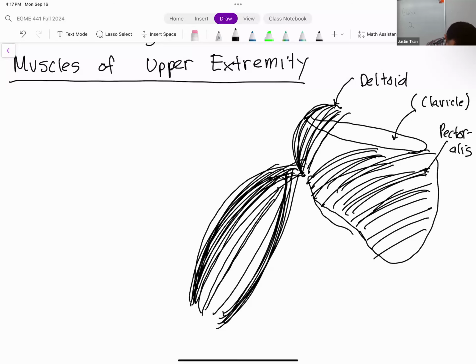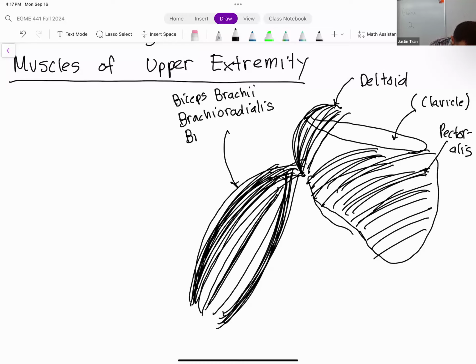Brachioradialis comes through the middle. So there are three muscles here: biceps brachii, brachioradialis, and brachialis.